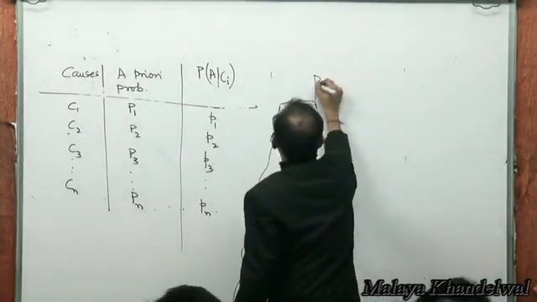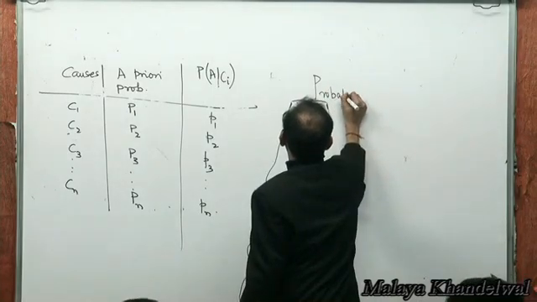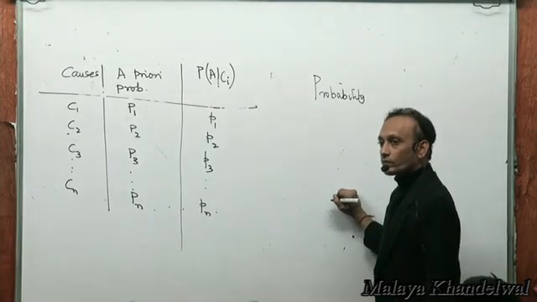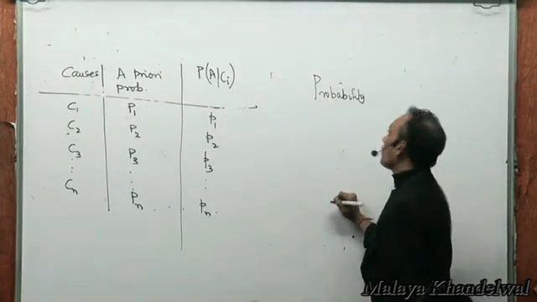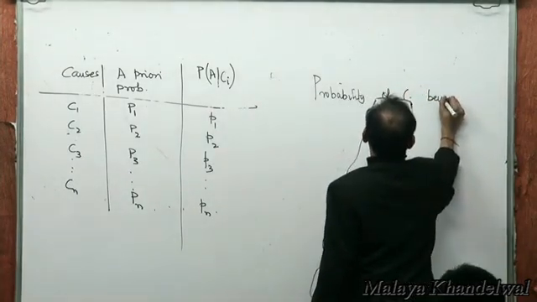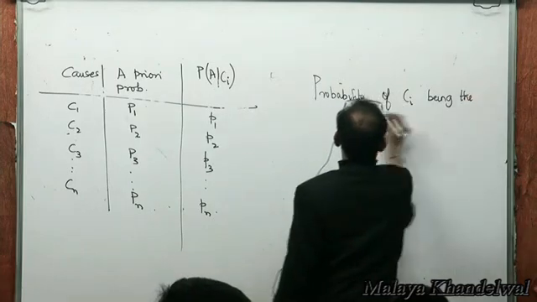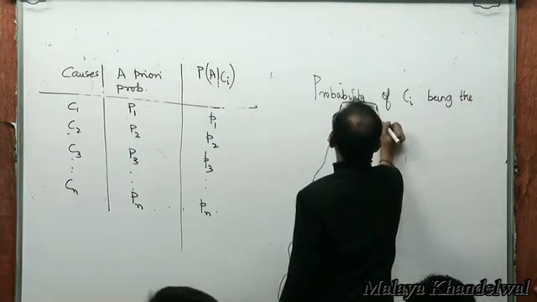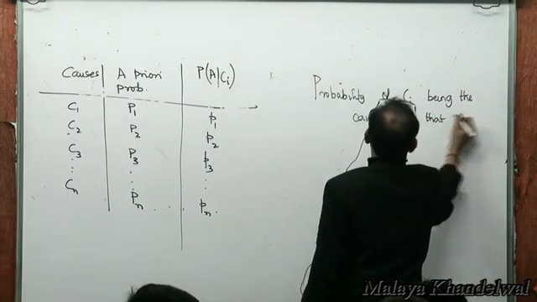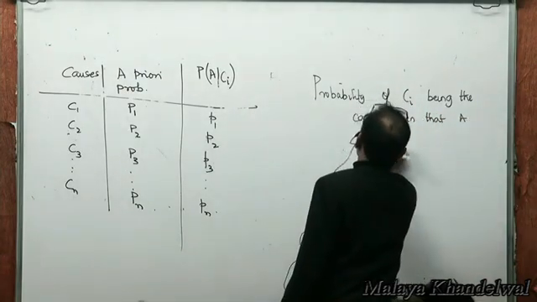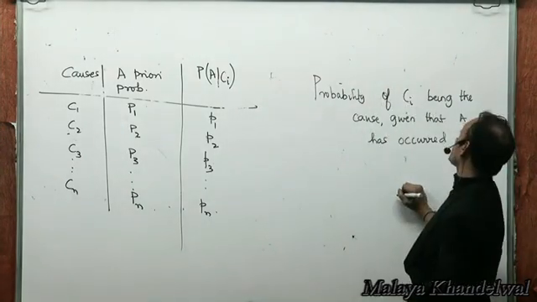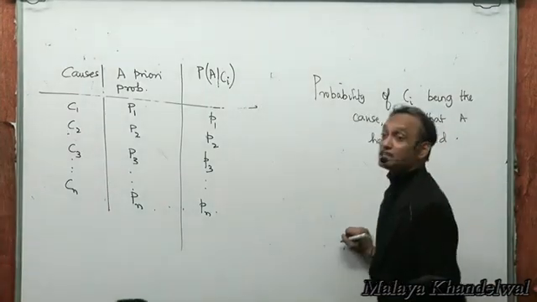Now, the probability of Ci being the cause, given that the event A has occurred.